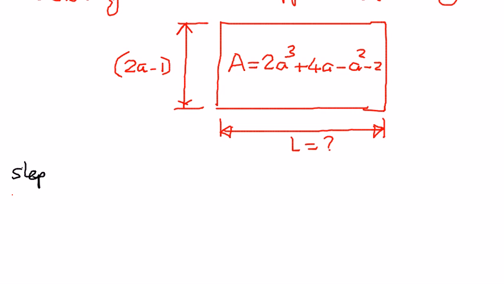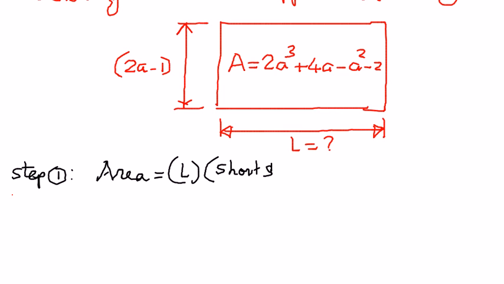We'll come back and then write these as different steps. We know that the area of a rectangle is given as the long side times the short side. Let's call this one the short side.